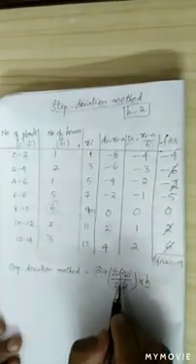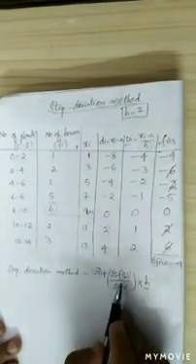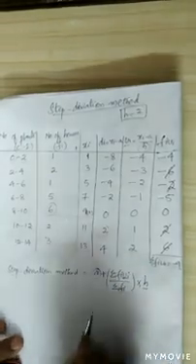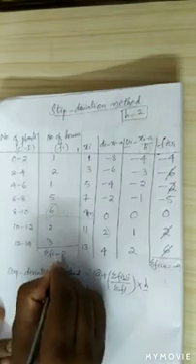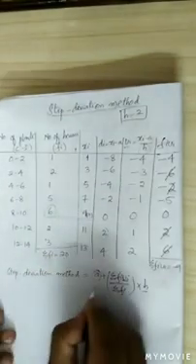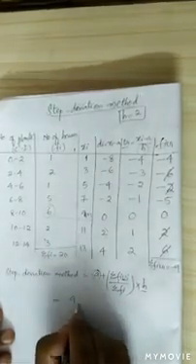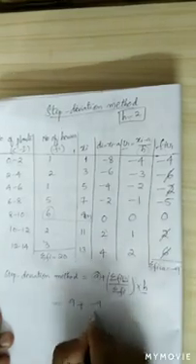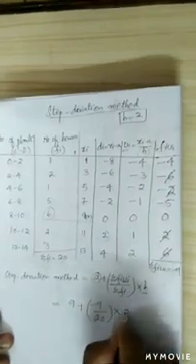We were required to find the value of sigma fi ui. So sigma fi ui is minus 9, and we can substitute the minus 9. Sigma fi, we know, in the earlier two questions we found sigma fi, that is going to be 20. I'm just going to apply these values into the formula. What is A? 9 plus sigma fi ui, which is minus 9, by sigma fi, which is 20, into h. h is 2, which is the size of the class interval.